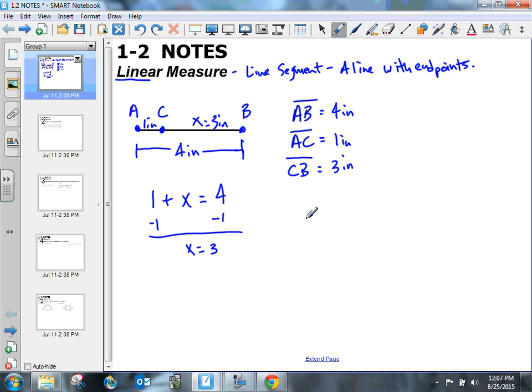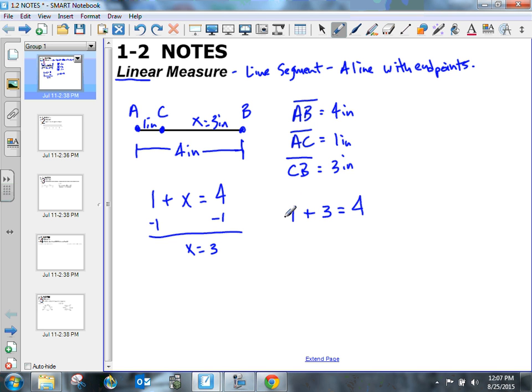So here's what we've got. We have this mathematical statement: 1 plus 3 is equal to 4. This is a true statement, and all it says is that 1 inch plus 3 inches is equal to a total of 4 inches.